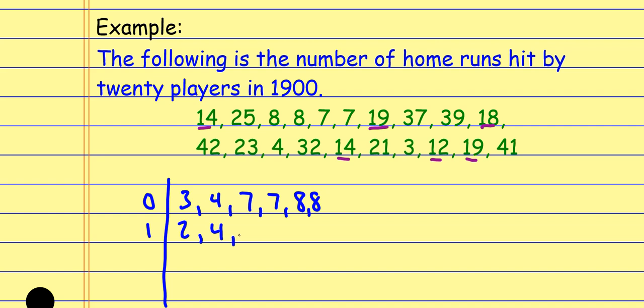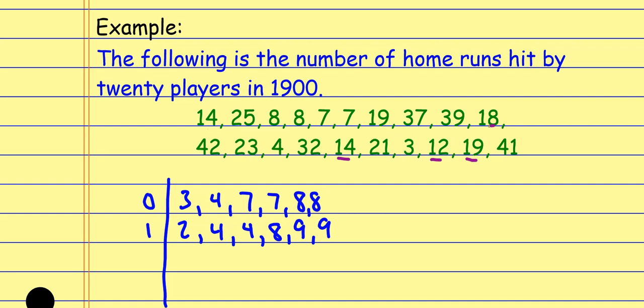Then we have 2 14s. As we're reading this, the first number is listed off to the side, and the second number is listed on the other side of the line. So we can see there's a couple of 1-digit numbers that are 0 and then the number, and a couple of 2-digit numbers that are 1 and then the number.